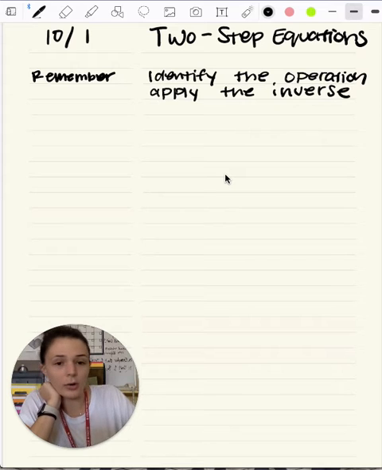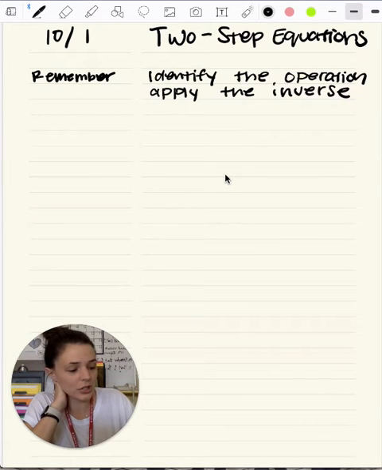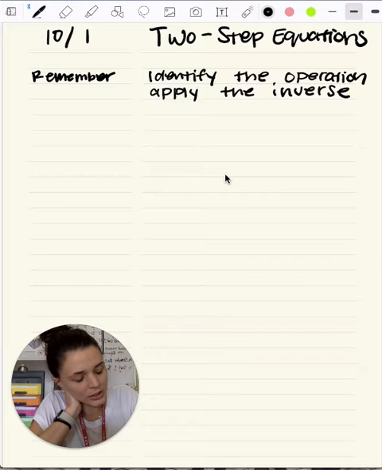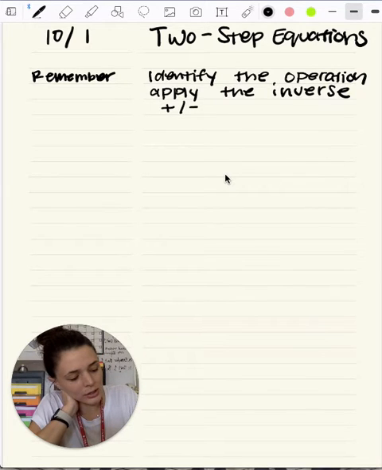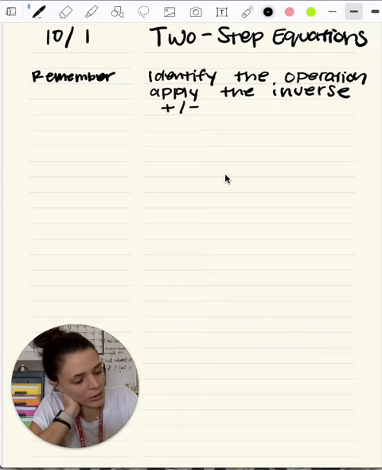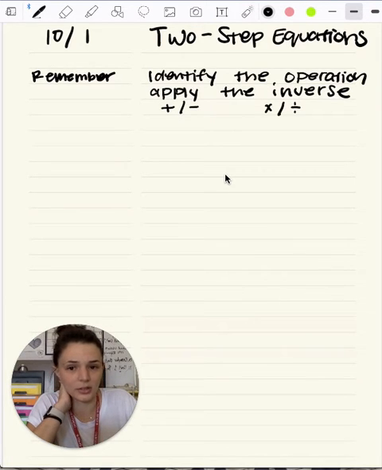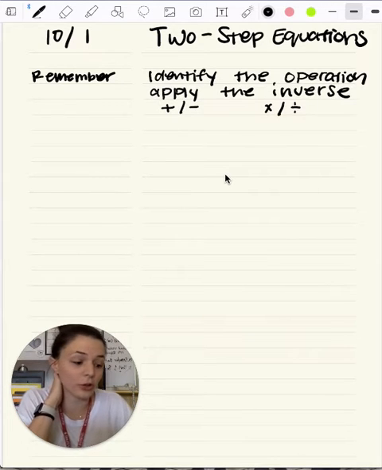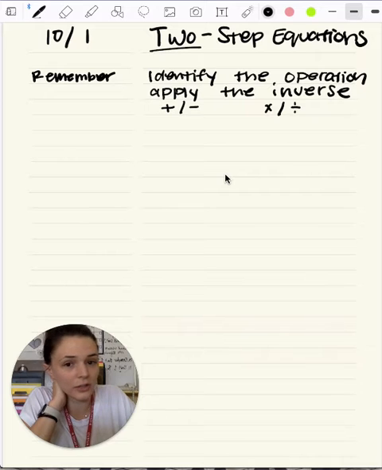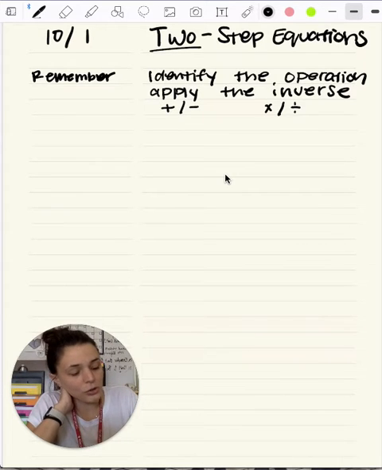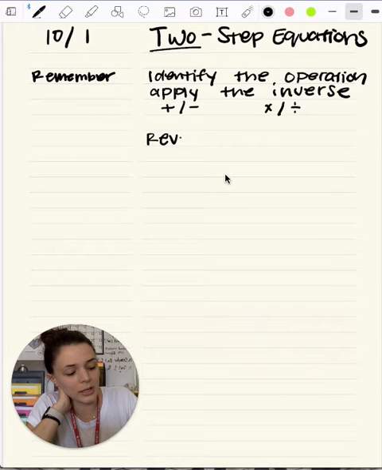And if we remember, our inverse operations are addition and subtraction. So addition and subtraction cancel each other out, and then multiplication and division cancel each other out. Okay, the other thing that we need to remember for two-step equations specifically is that you have to go in reverse order of PEMDAS.